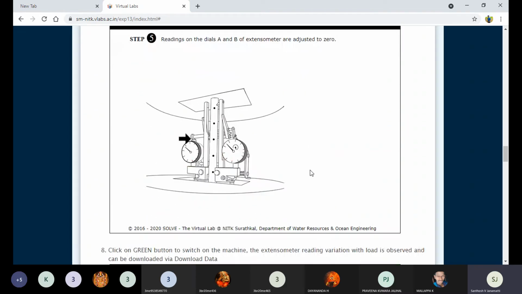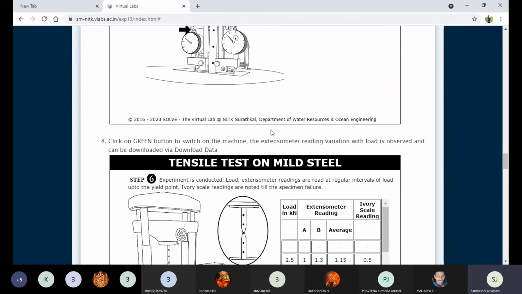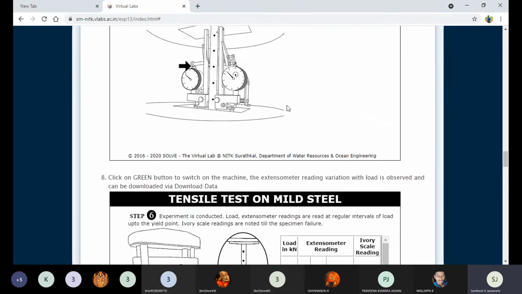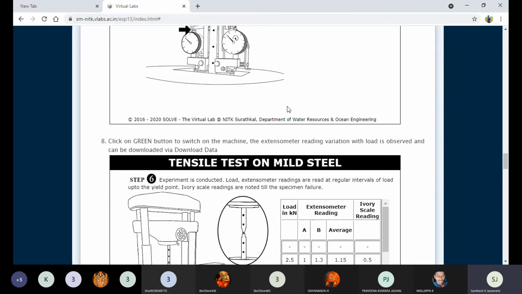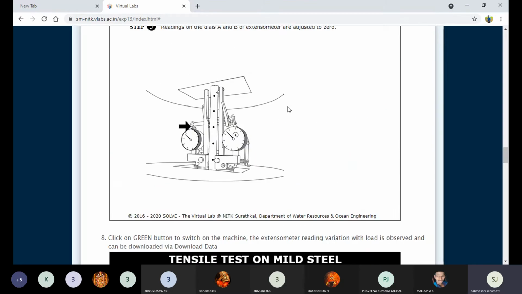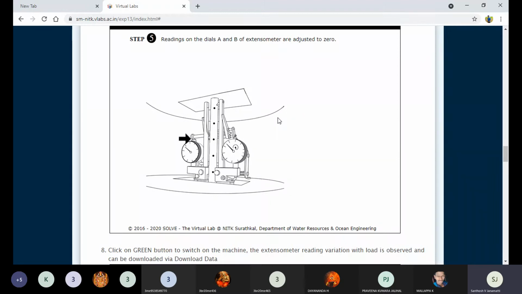Now coming to the next step, the readings on the dials of extensometers A and B are adjusted to 0. You can adjust to 0 before conducting the experiment, so you have to check the extensometer. This is what we call the manual method, where we are using the radius extensometer. Before applying the load, you need to ensure that extensometers A and B read 0.